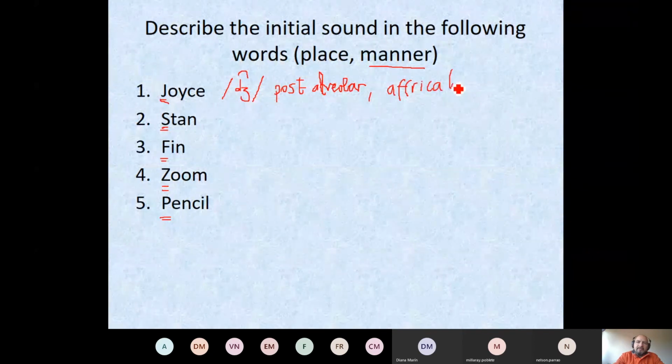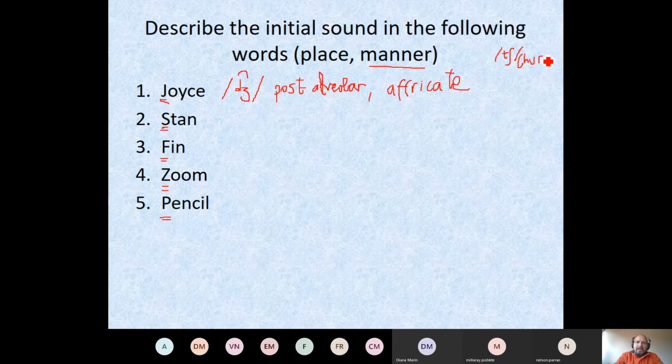Affricate sounds, if you remember, are two. One of them is this one that you can find, for example, in words like church at the beginning and at the end of the word. And the other one is j, that you can find in words like Joyce, James, Jennifer, judge.